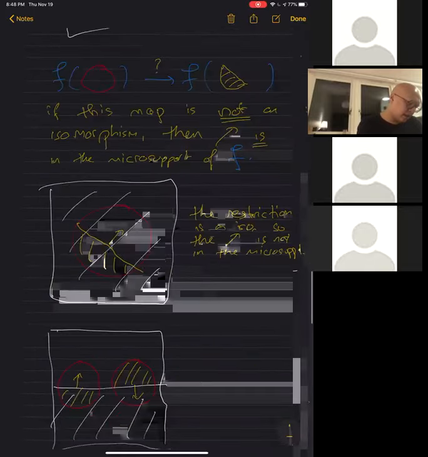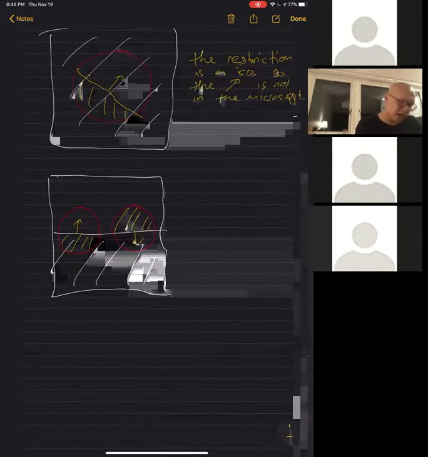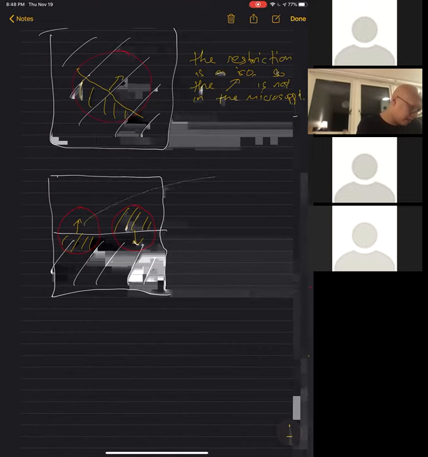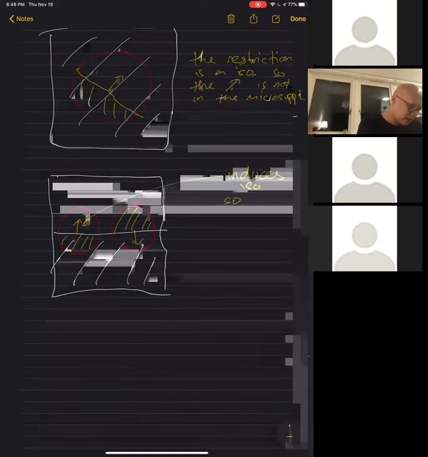So when I restrict the whole thing to what sits above, this one is an isomorphism, so this induces an isomorphism. And that means this one is not in the microsupport, whereas this one does not induce an isomorphism.